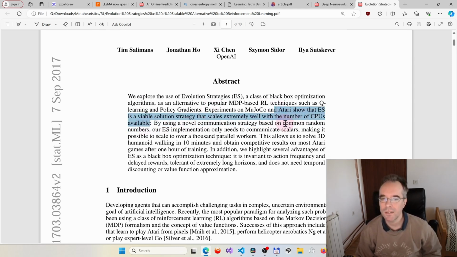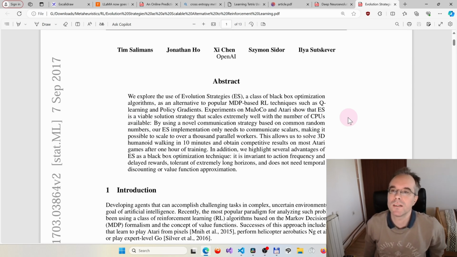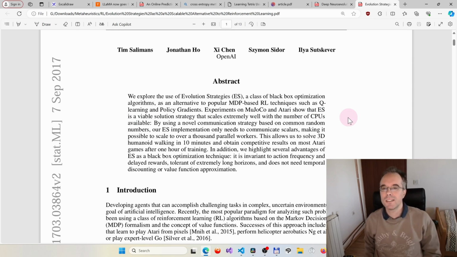it says that the evolution strategy scales extremely well with the number of CPUs available. So they weren't even using GPUs for this experiment. Instead, this is the main advantage of evolutionary algorithms, which is that they scale very well.